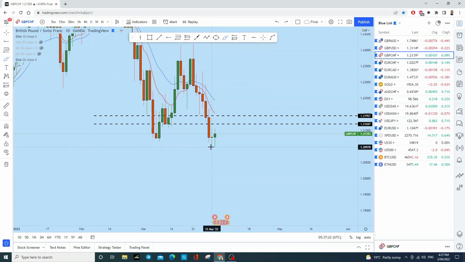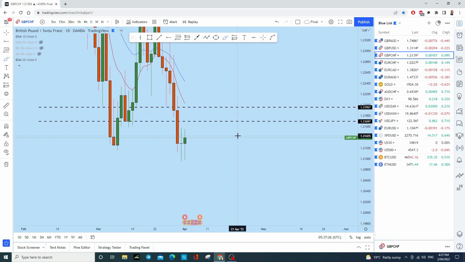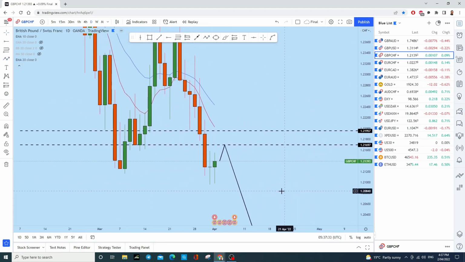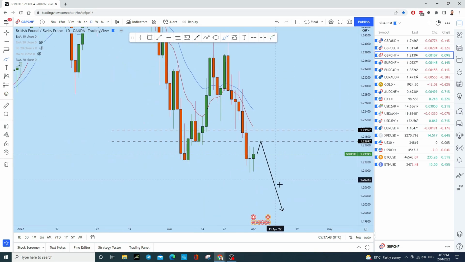So what I think is that in the new trading week, the price will rise a little bit to this resistance and will drop. So this is also bearish. Why? Because after this strong bearish move, we saw a narrow consolidation. This is the daily chart, but it's a narrow consolidation, and in this consolidation the price couldn't break the high. So highly likely that GBPCHF will drop from here. So this is the situation with GBPCHF.